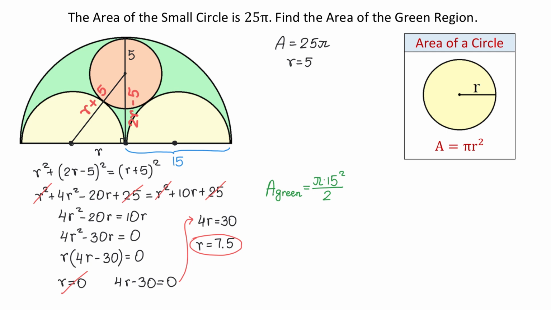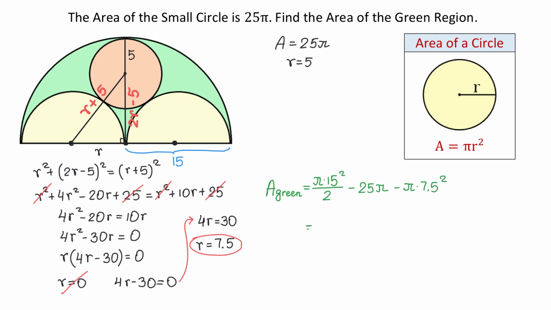Now let's subtract the area of the orange circle, which is 25 pi. So here we will write minus 25 pi. And now we need to subtract the areas of these two semicircles. Together they form one full circle and the radius is 7.5. So we will subtract pi multiplied by 7.5 squared.